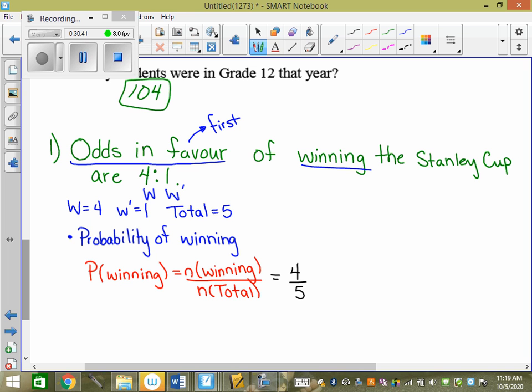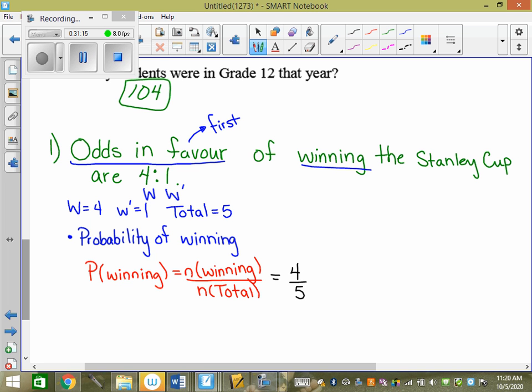Okay, so we go 4 divided by 5 in our calculator, and it gives us 0.8. But that's to the nearest tenth. Remember, decimals are based on how many zeros the number has. A tenth, 10, has 1 zero, so 1 decimal place.